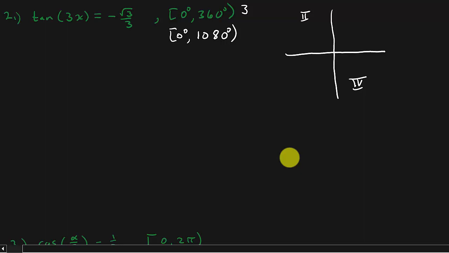All right, so let's find the reference angle. So this is going to be tangent of 3x, and I'm going to use this prime here, okay, this little mark here. That just means that's the reference angle.